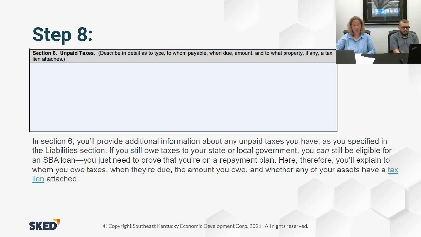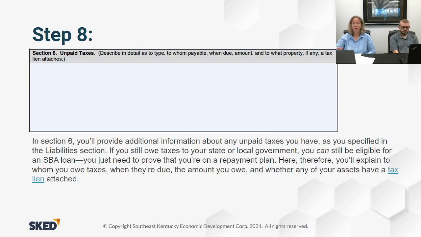It doesn't help, but it doesn't knock you out. So make sure that if you are delinquent in your taxes, you have worked with the taxing agency to get a payment plan, and that you are sticking to it.